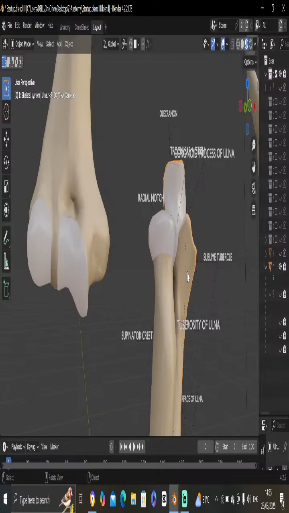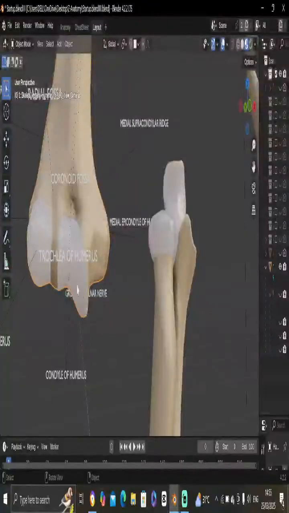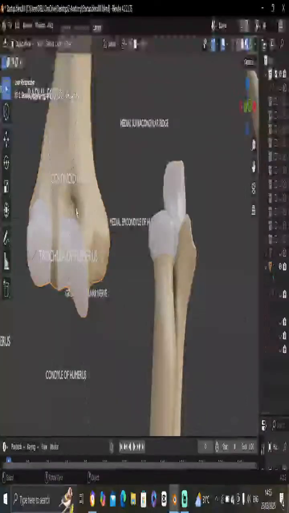The coracoid process is found on the scapula, but the coronoid process is found on the ulna. The coronoid process of the ulna fits into the humerus during elbow flexion. So when we flex our elbow, this bone rotates, and this process fits into the coronoid fossa.